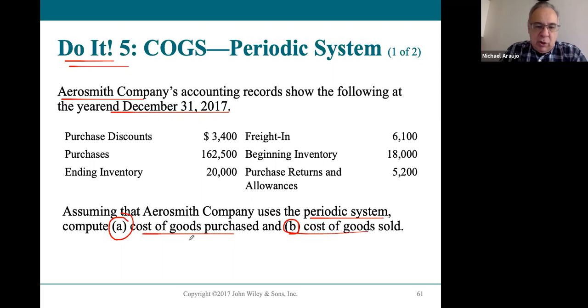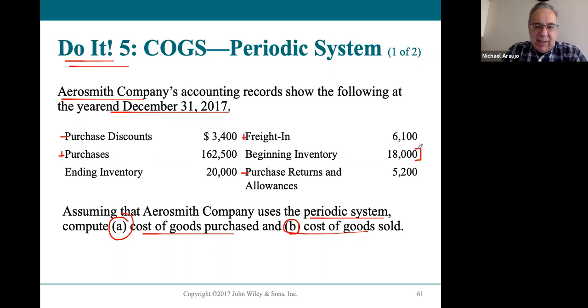So again, everything starts with your beginning inventory. They're beginning with 18,000 of inventory, right? Then they bought these purchases, but then they got some discounts on it. Plus they sent some back. So we subtract those out, but they had to pay for freight, pain in the butt there.